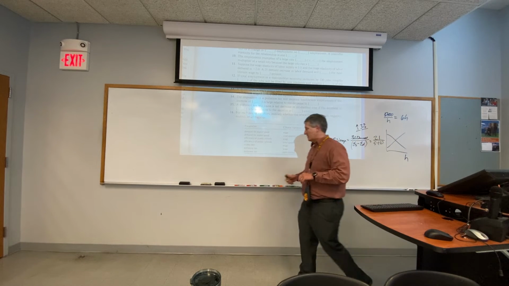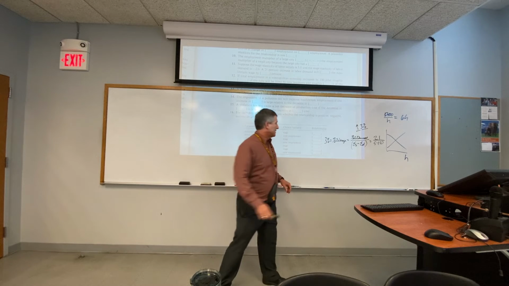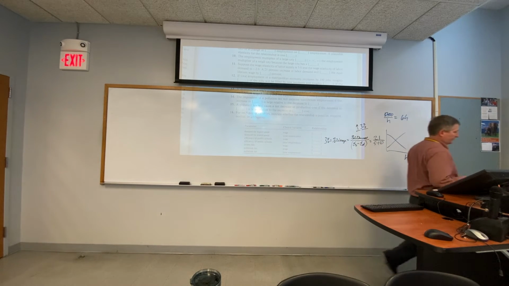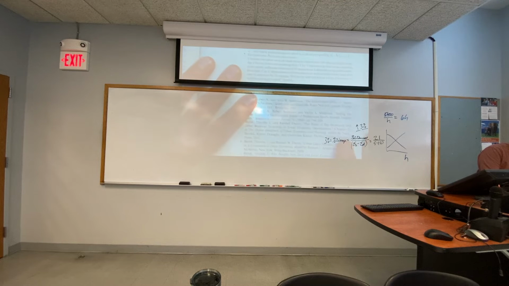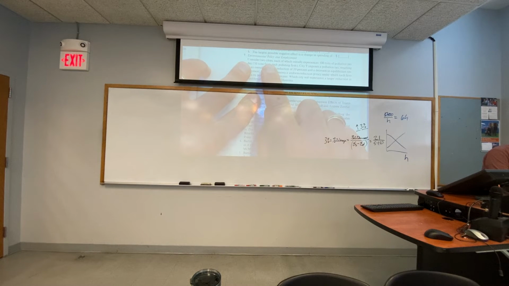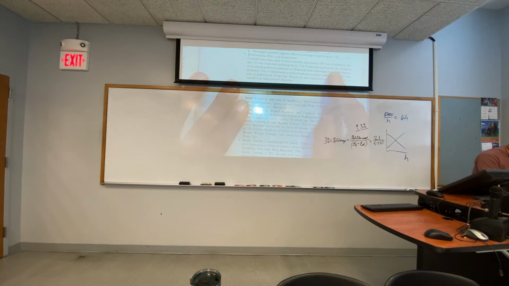And you did 7 on the apply. Number 7, apply environmental policy. Okay, consider 2 cities, each of which initially experience 100 tons of pollution per day, 50 tons from each polluting firm.